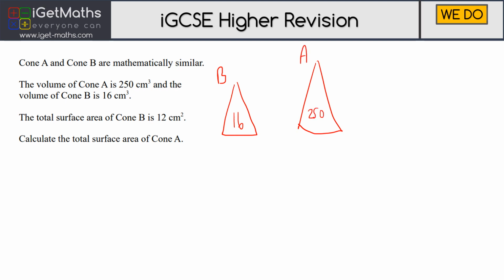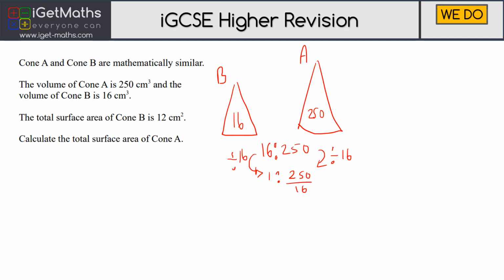We want to get this down to a ratio where we've got 16 down to 1. So we're going to divide that by 16. We're going to do 250 divided by 16 as well. That's going to give us 250 over 16.